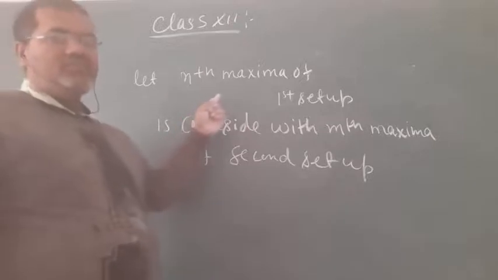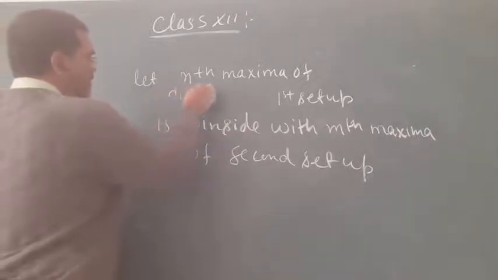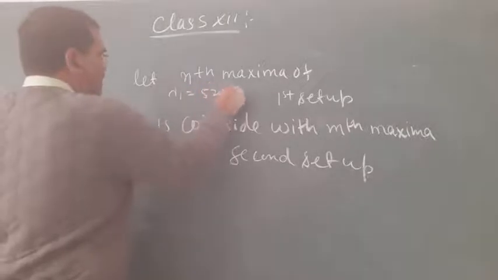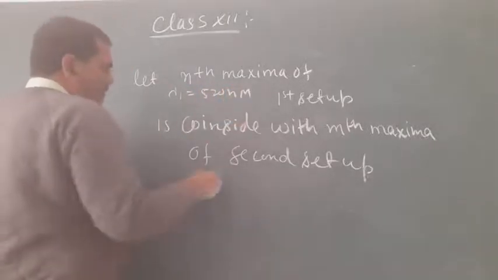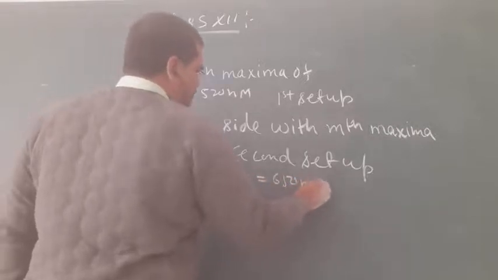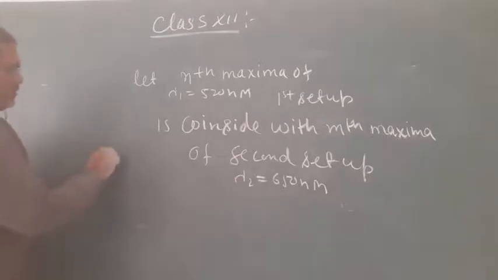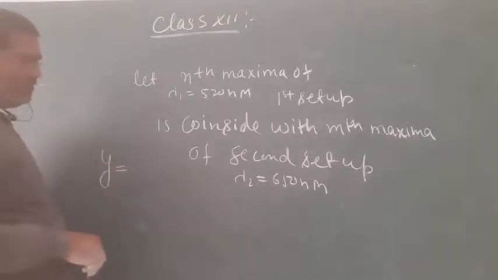And the wavelength in the first setup is 520 nanometer, and the wavelength in the second setup is 650 nanometer. So for the position of bright fringes, y equals nDλ by d.